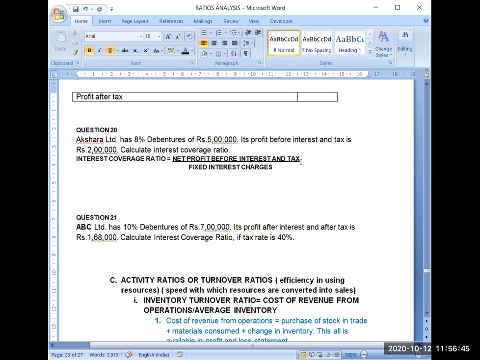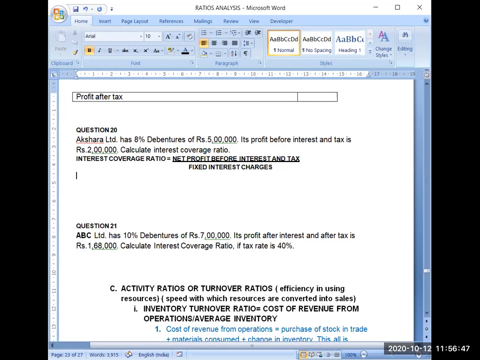So first I will calculate fixed interest charges, which is equal to 5 lakh multiplied by 8 upon 100.